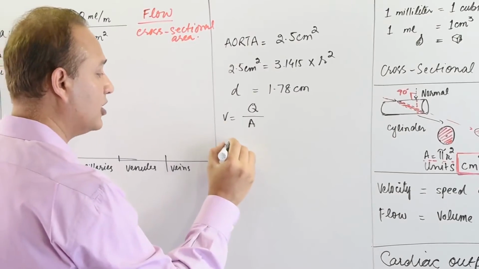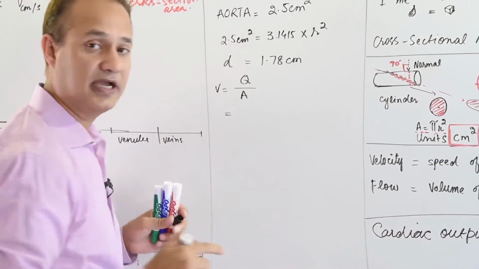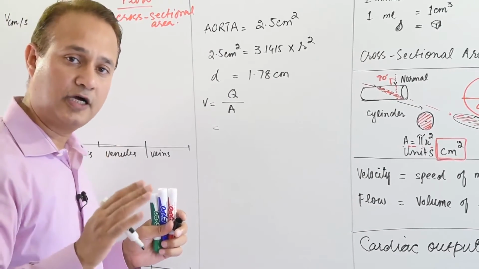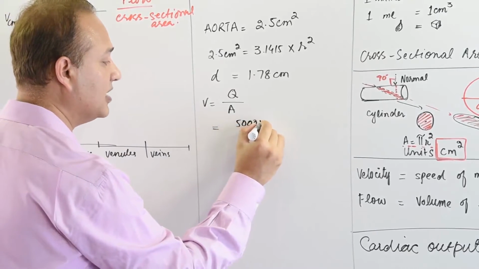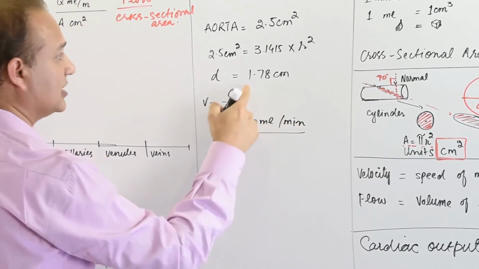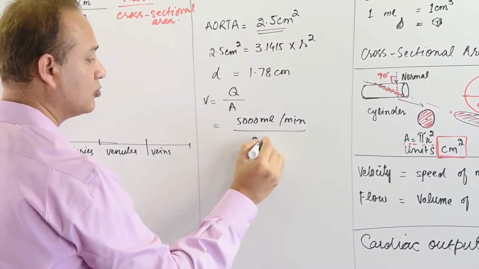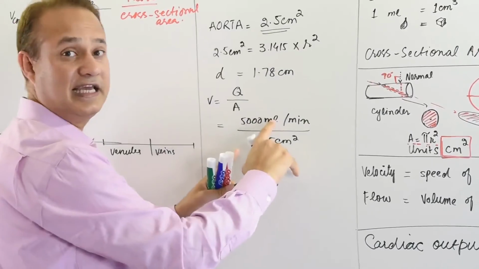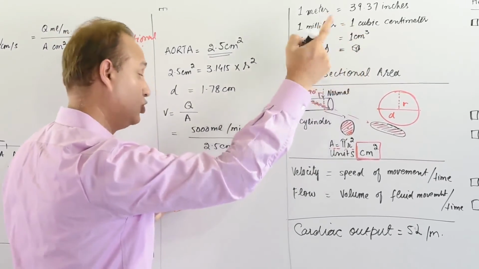Now we want to know the velocity. Q is, we have already assumed that we're talking about a healthy individual who has 5 liter cardiac output per minute. So that will mean 5,000 milliliters per minute divided by cross-sectional area, which is 2.5 centimeters square. Now remember this, I said a milliliter can be represented as centimeter cube or cubic centimeter.